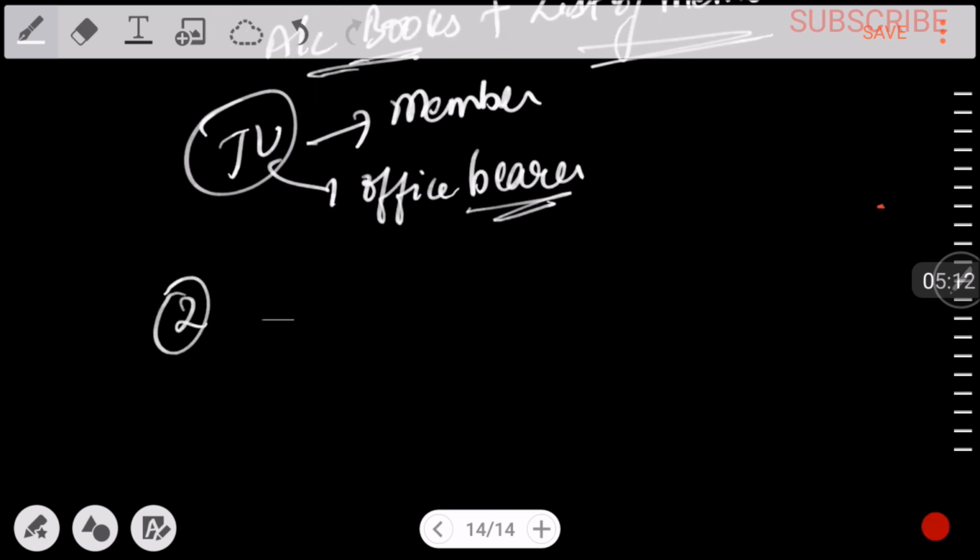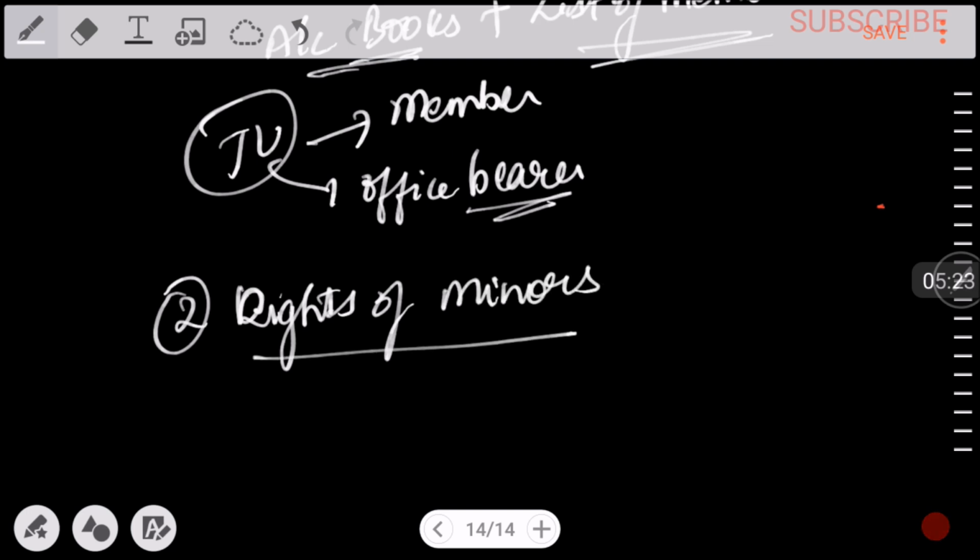Second right. Rights of minors to membership of trade unions. Any person who has attained the age of 15 years, greater than or equal to 15 years, may be a member of the trade union.